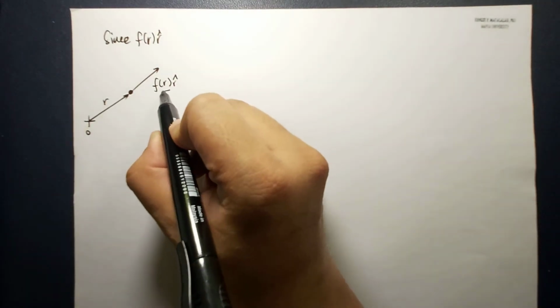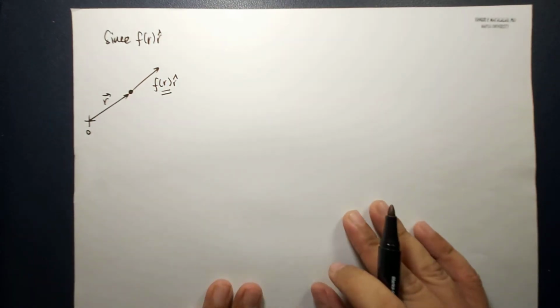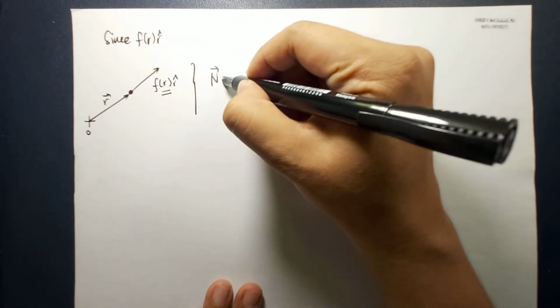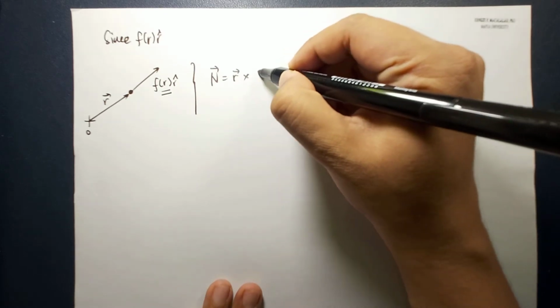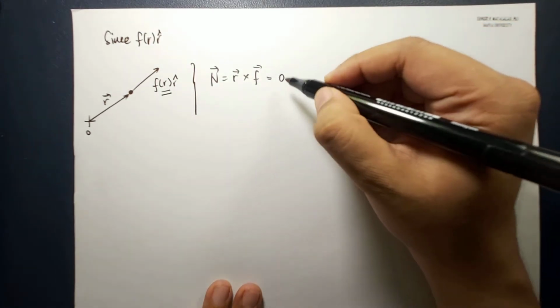Because this is your central force and this is R, they are collinear as defined by the central force. Therefore, N, which is R cross F, is actually equal to 0.